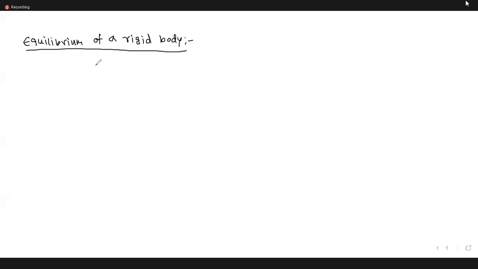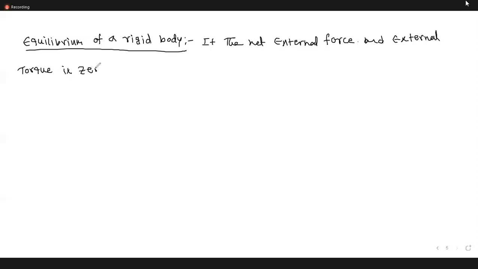So if the net external force and the external torque are zero, then the body is in equilibrium. Understood?